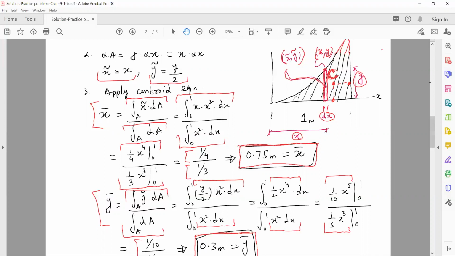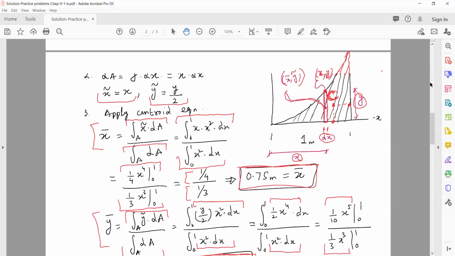If you visualize the given area and the centroid which we have found, it looks to be right, because this looks to be the center of this area. So we can say that we seem to be right.